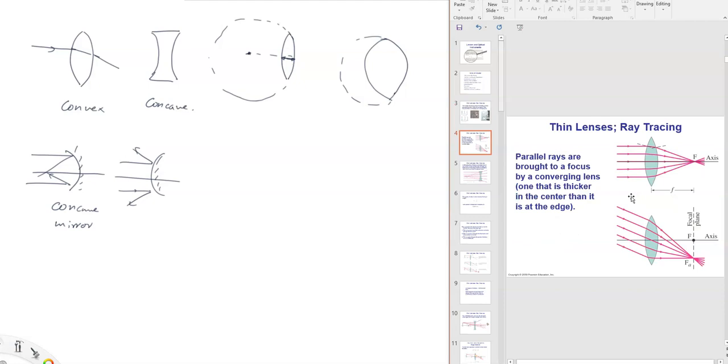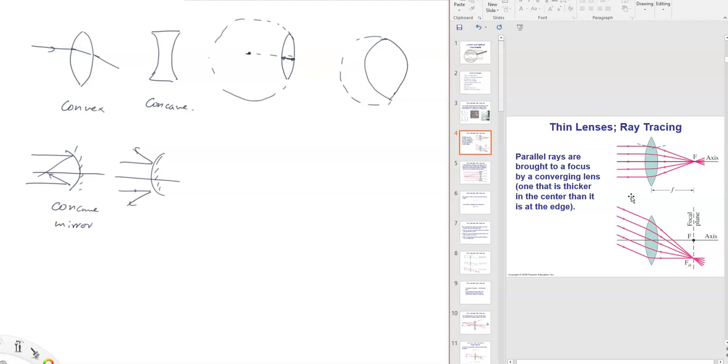Okay, so we're going to start with convex lenses. Again, if you go back to reflection, remember that concave mirrors had so many different ray diagrams. Based on where you place the object, you get different images: real ones, virtual ones, bigger, smaller, upright, upside down.